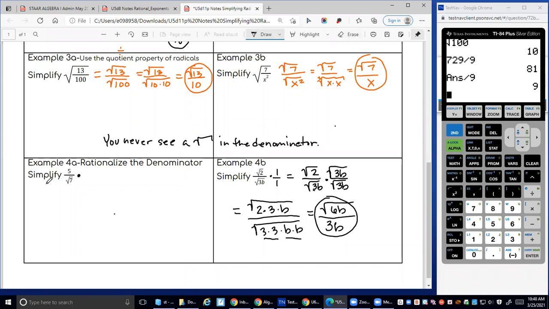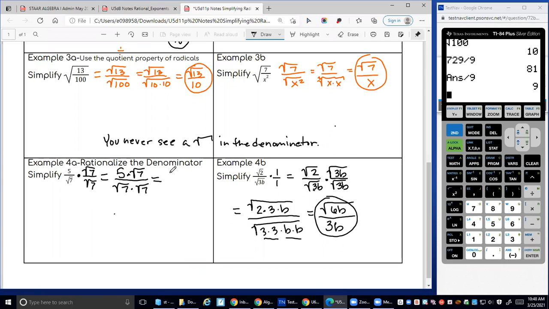All right, welcome back, ladies and gentlemen. What we're going to do is multiply, and we're going to create a fraction by using the denominator and putting that on both the top and the bottom, okay? So here we have 5. We're going to create a brand new fraction. We got 5 times the square root of 7. And on the bottom, we have the square root of 7 times the square root of 7.